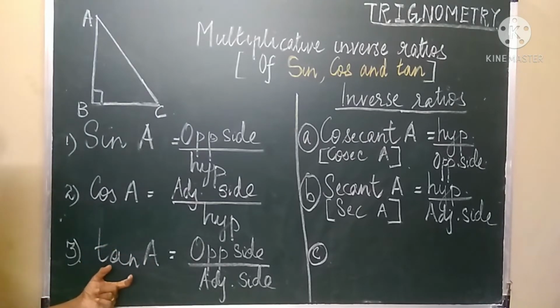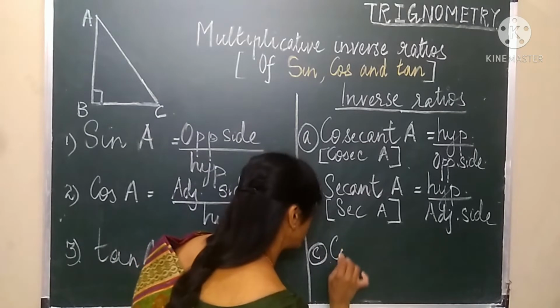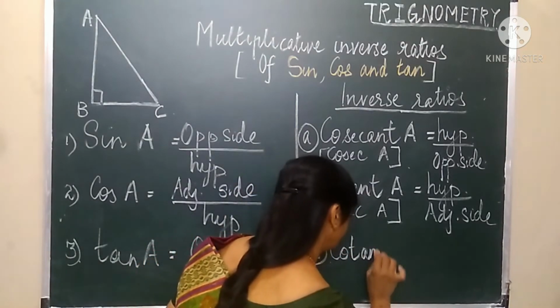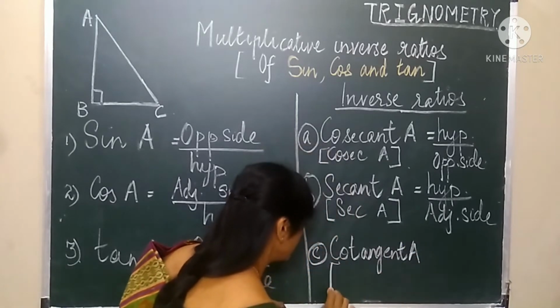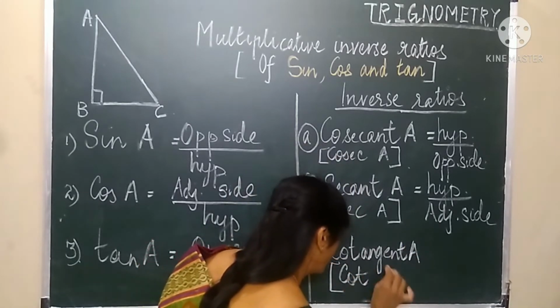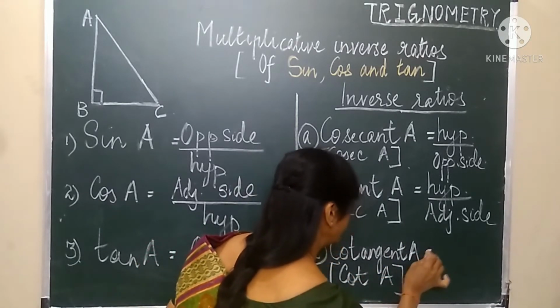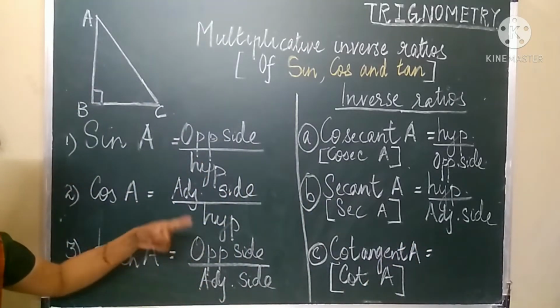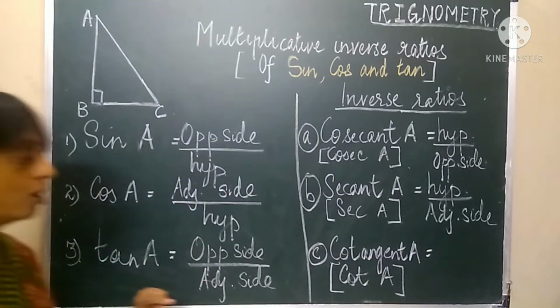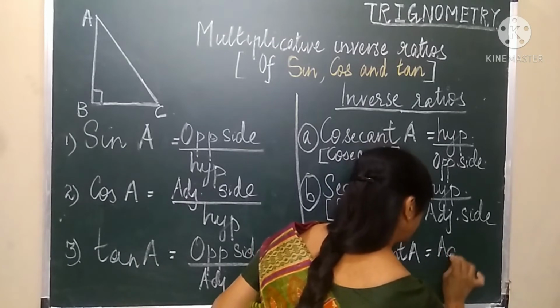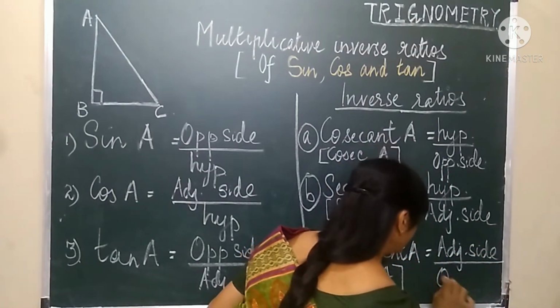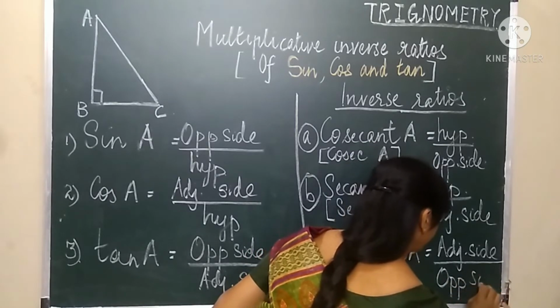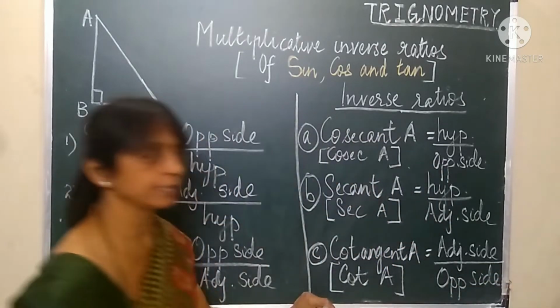So the reciprocal of tan is called cotangent of which angle? A. It is also called cot of angle A, which is given by adjacent side upon opposite side.